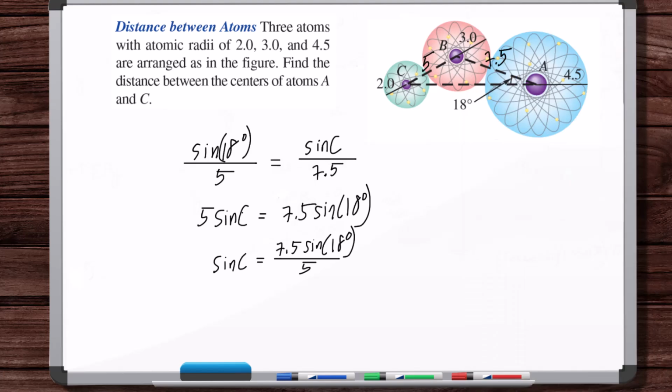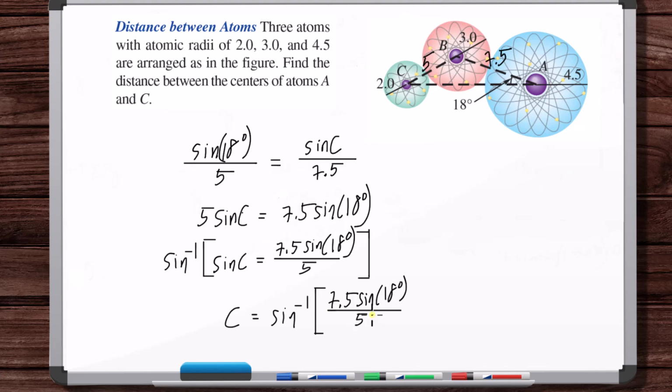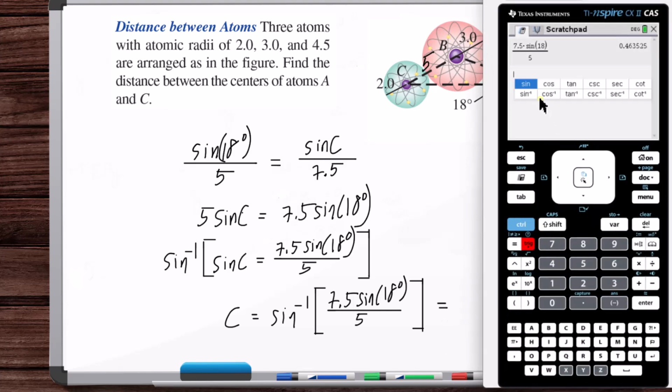But this is just a number, so what we need to do is take the inverse sine of both sides of this equation. That takes out the angle C, and we can just put this straight into inverse sine with all of the decimal points, and there we go.